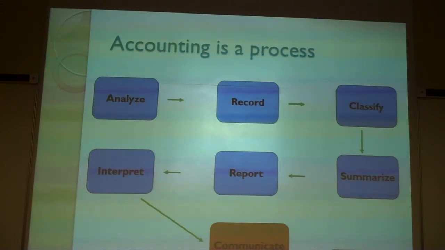Possibly. I put it as the new capital, the portion that the owner has in the company. Then we're going to interpret, and then we're going to communicate. And when we communicate, we're going to share it with those people that need to know.